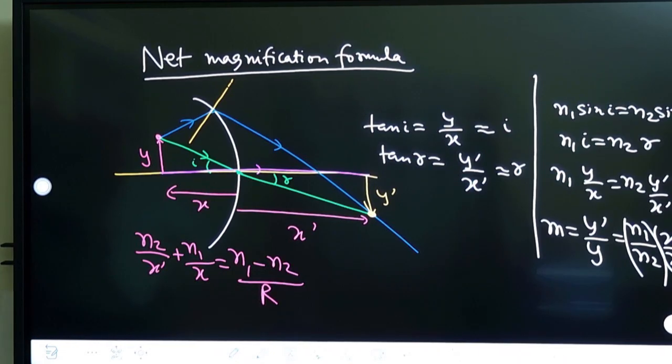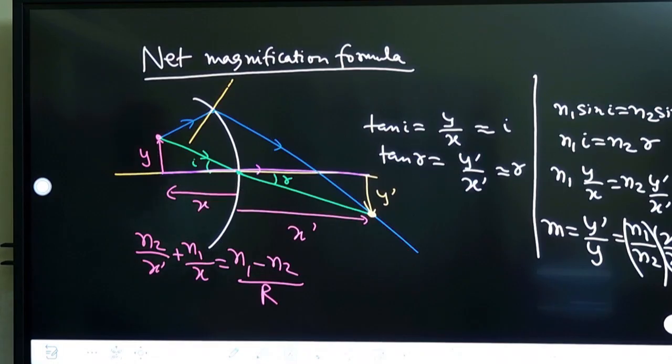They are defining this ratio x dash by x as v by u. They are taking this magnification y dash by y as transverse magnification, and x dash by x as lateral magnification. Note this. I think this is an important idea.